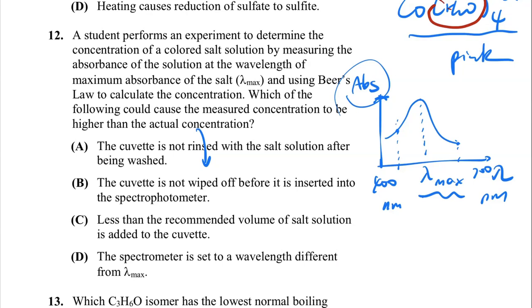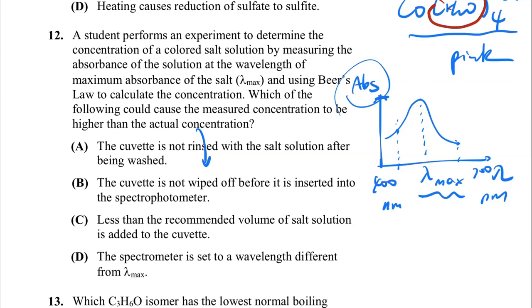B, the cuvette is not wiped off before it is inserted into the spectrophotometer. Which means on the external wall of the cuvette, there might be some salt solution, right? Then how does this affect your results?